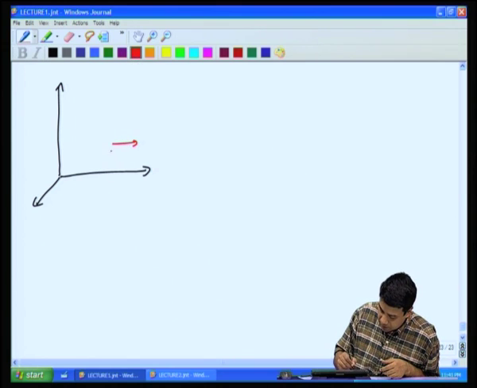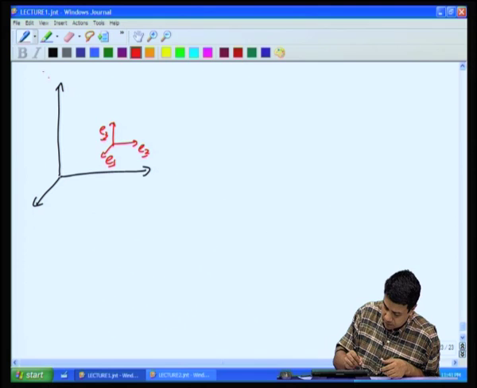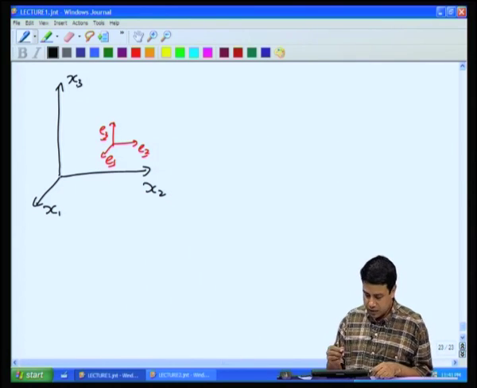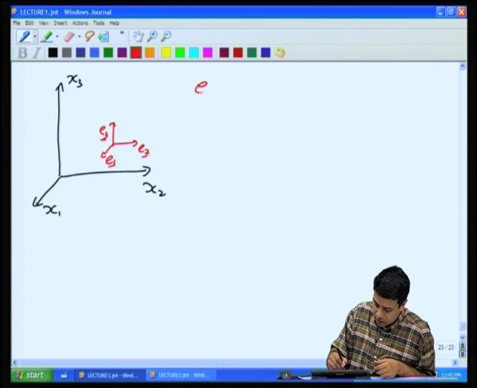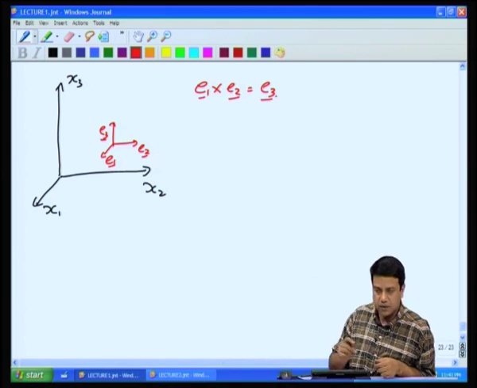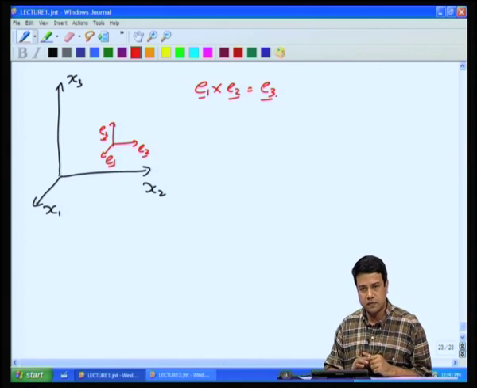I have 3 unit vectors. You know that E1 cross E2 is equal to E3. If I take the cross product of 2 vectors E1 and E2, it is perpendicular.